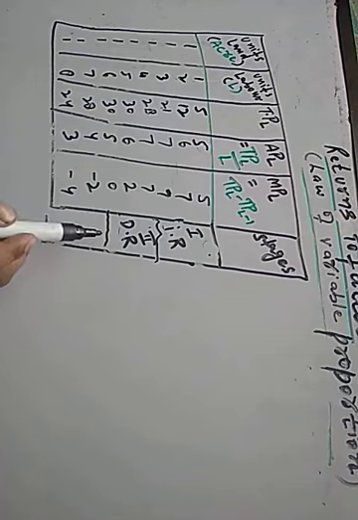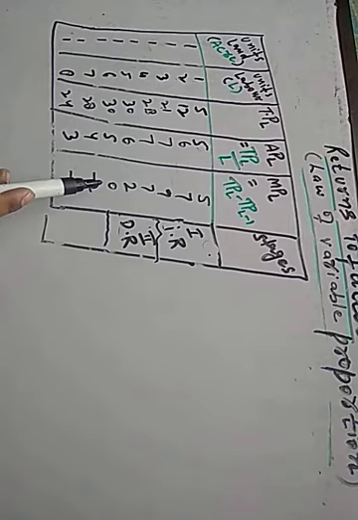Therefore, in the second stage, the average product of factor is greater than the marginal product of factor. And this second stage ends at the point when marginal product of factor is equal to 0, and this is the starting point of the last stage.